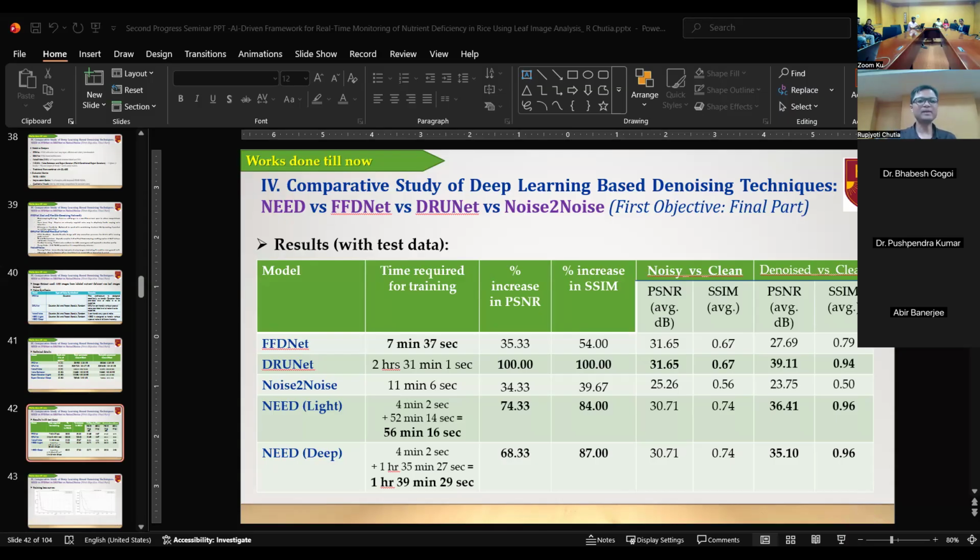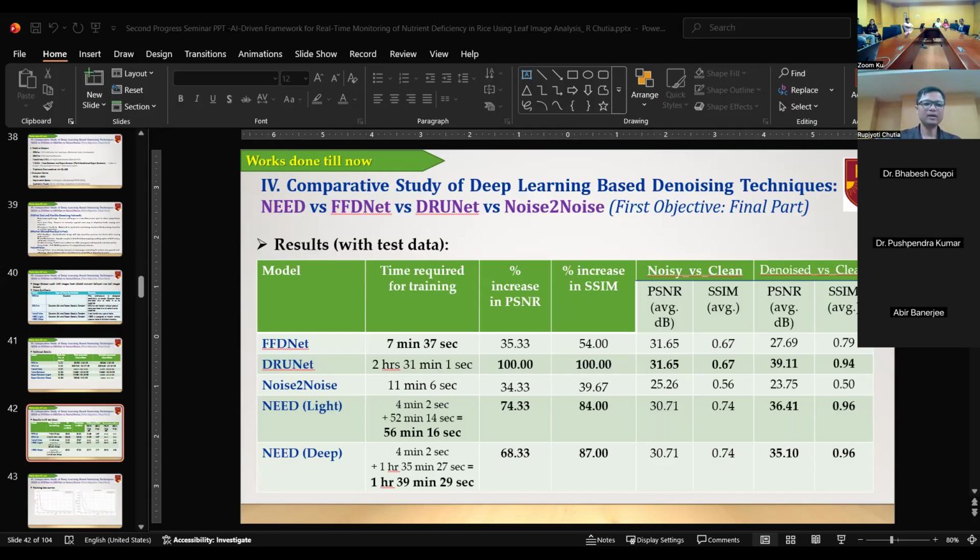Okay. Fourth experiment. So these are the technical details of the models. Here I have listed in the table, and this is the training data where I have trained the models with 1500 images, taking 80-20% training and validation testing data.